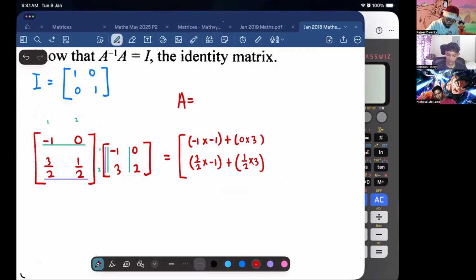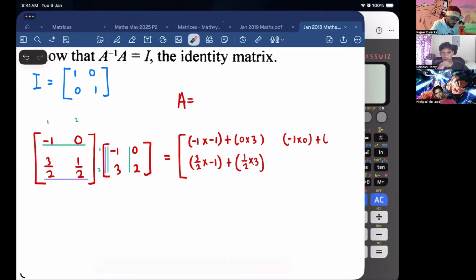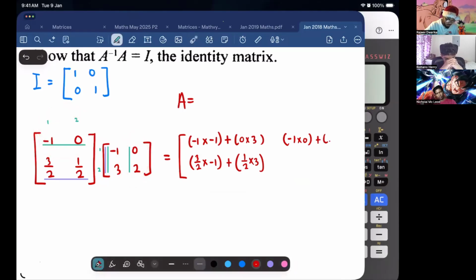So we're going to say what? -1 times 0. Right. Plus, what is the second element in this row? 0. What's the second element in this column? 2. Right. So what will I write here? 0 times 2. Right. And you know the trick by now, right? 0 had to go over here, and 2 go over there, right?